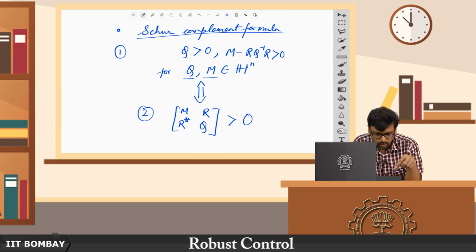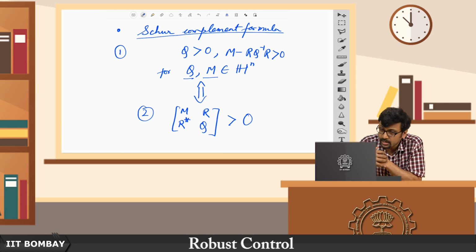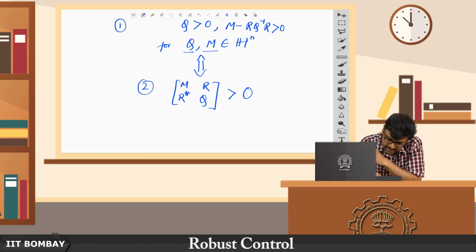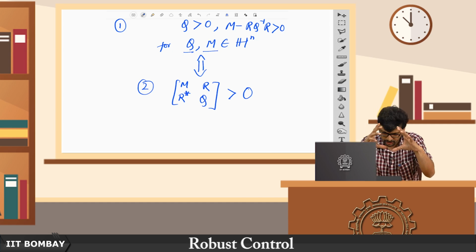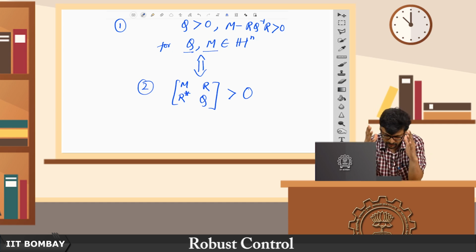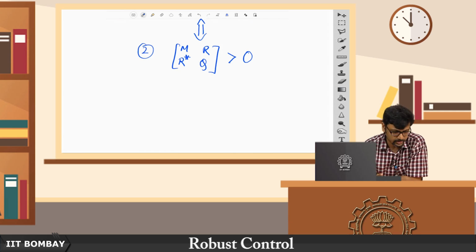If I tell you condition 1, that is Q is positive definite and M minus R Q inverse R Hermitian is also positive definite when Q and M are Hermitian matrices, then it is the same as, in this packed notation, if you pack up this big matrix with M, R Hermitian and Q in this manner that I have written here, and I claim that that is positive definite, it is one and the same, there is absolute equivalency between the two.